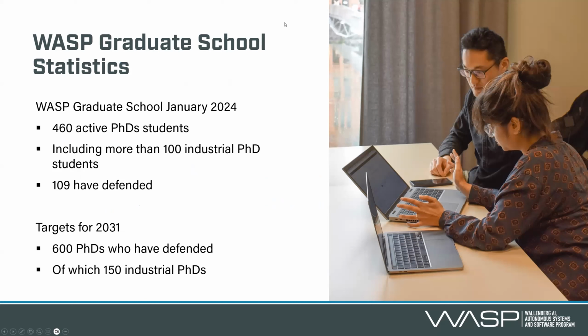Okay, and 109 have defended so far. 122 today. Yep. Let's see what it is when this webinar ends. So the targets for 2031 are 600 PhDs, and of those 150 will be industrial PhDs.